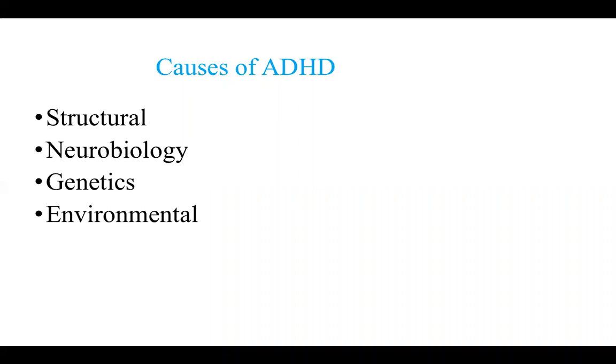So that was what was found. Also, the limbic system or the subcortical regions were also smaller in size. Now coming to the genetics, we will see in the next slides how genetics influences the cause for ADHD.